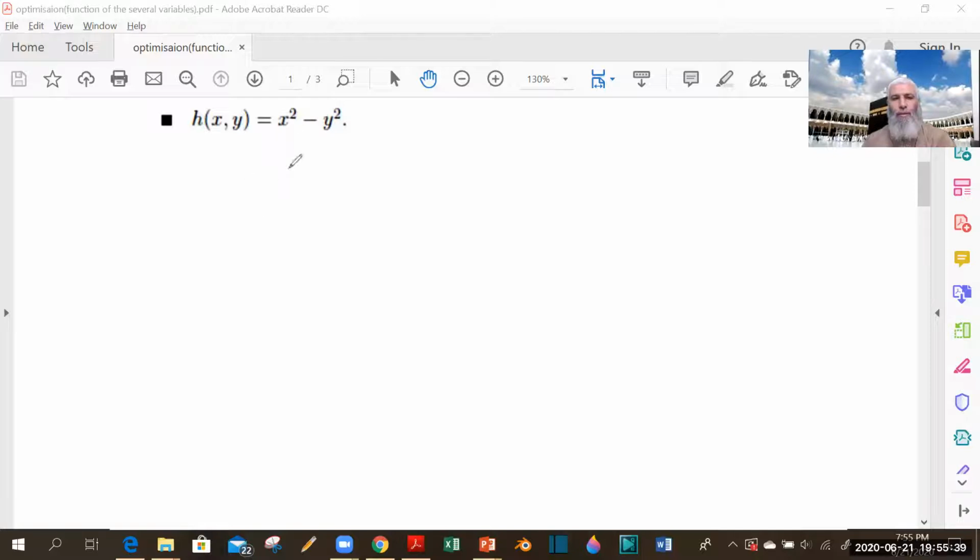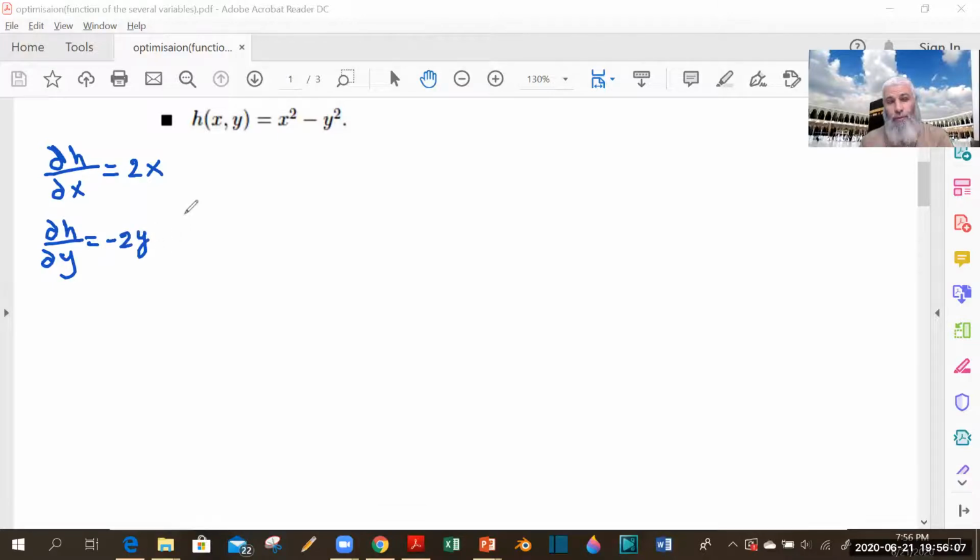Maybe here in this file, optimization function. Okay. Now we need to do what here? dh dx equals what? It equals x. And dh dy equals negative 2y.